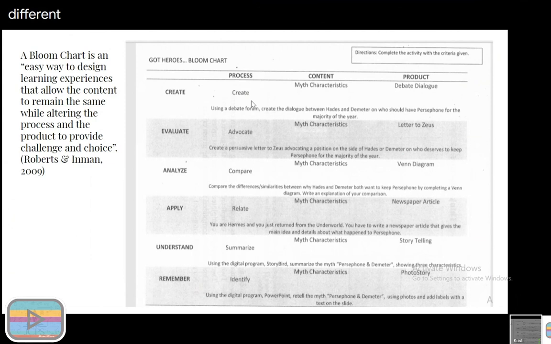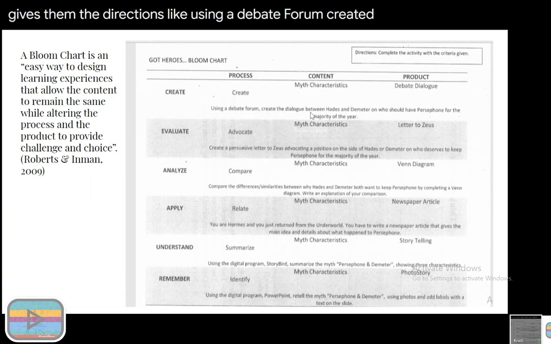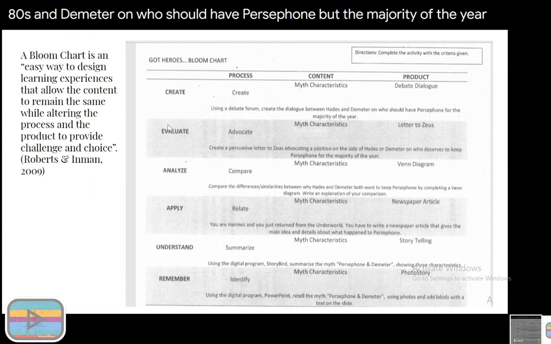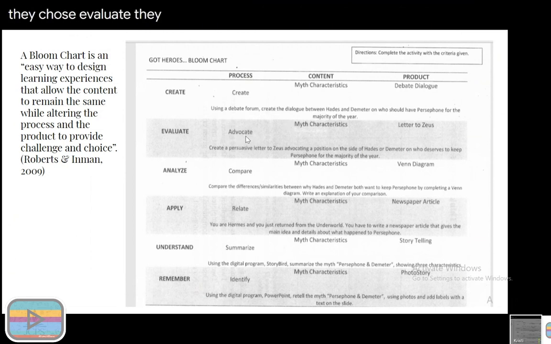And so with create, obviously they created a debate dialogue, and then it gives them the directions, like using a debate forum, create a dialogue between Hades and Demeter on who should have Persephone for the majority of the year. If they chose evaluate, they were an advocate, and they were going to write a persuasive letter to Zeus, the same type of thing.